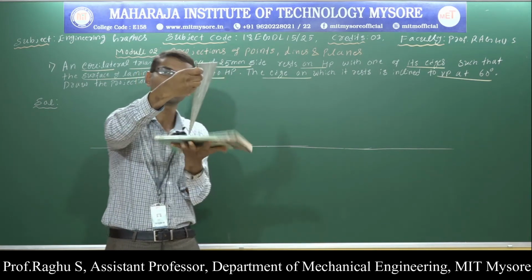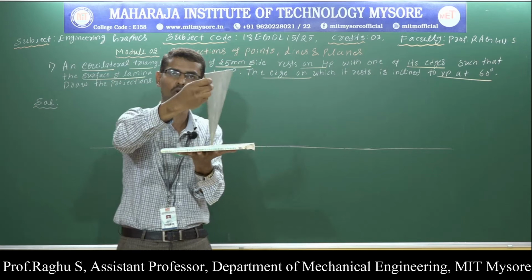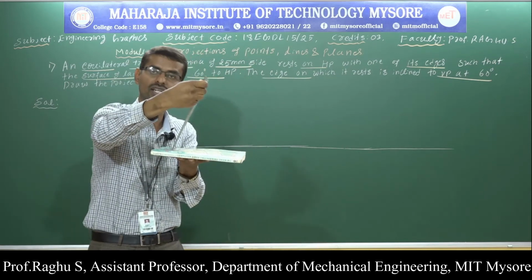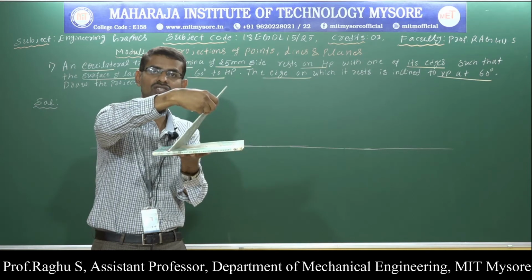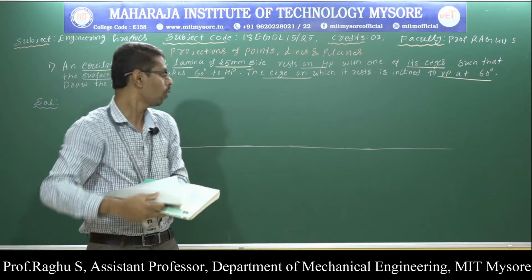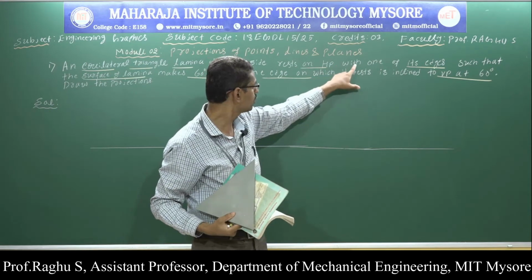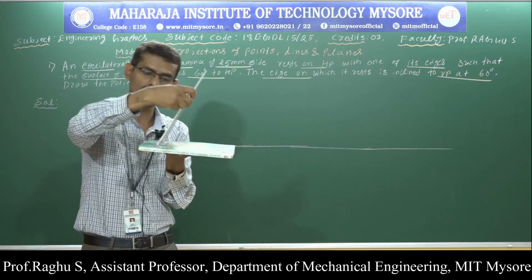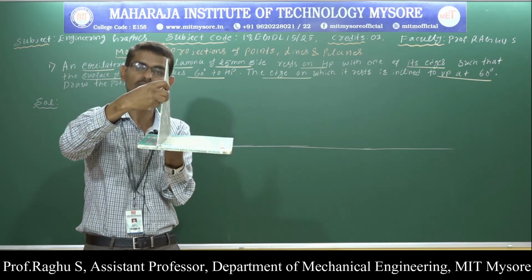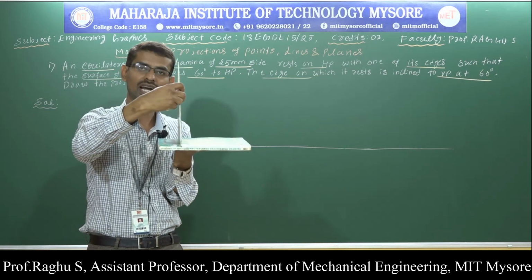This is the corner resting condition on the horizontal plane. This is the side resting condition or edge resting condition. In the problem it is mentioned that the lamina rests on HP with one of its edges or sides. Therefore, this is the position, the lamina resting on HP with one of its sides.